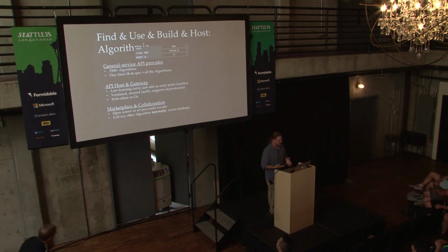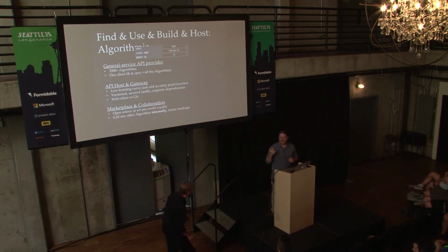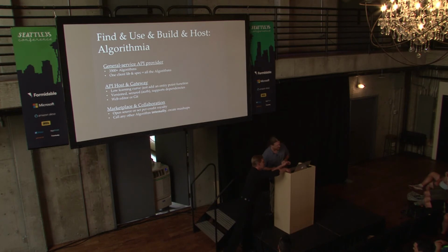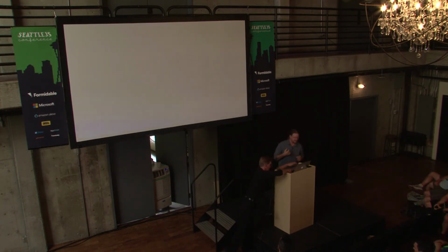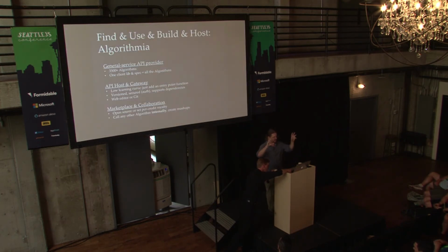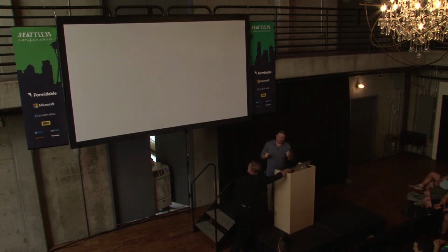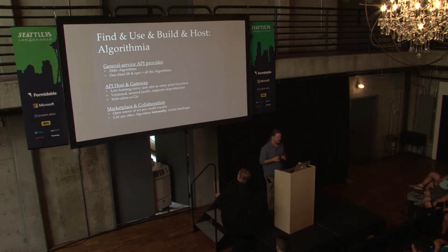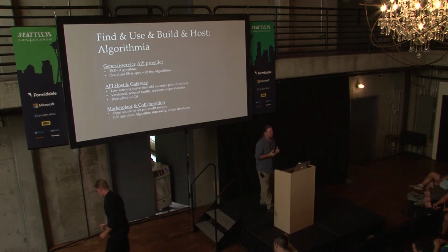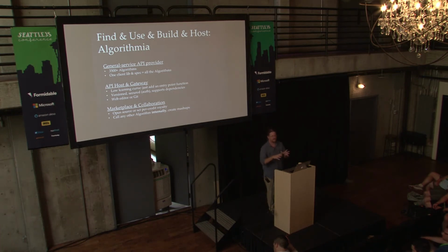They act as a general service API provider where there's about 3,500 algorithms in there. There's one spec for running all of them, even though the data is different on each one. They act as an API host and a gateway. So basically, you go in there, you take some code you want to put in, you wrap it in a single apply function, and then it's immediately available as a JSON endpoint to anybody.